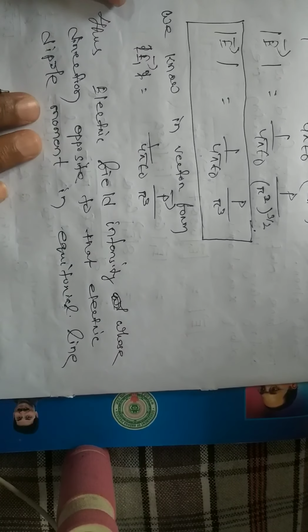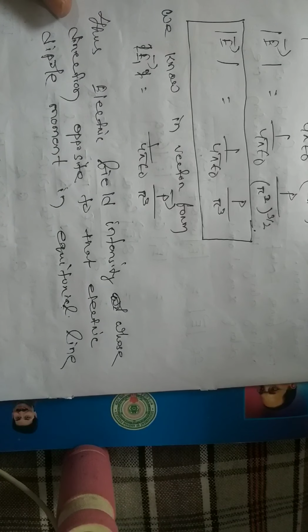So that is all about the electric field intensity at points due to an electric dipole along the equatorial line or broadside on position.